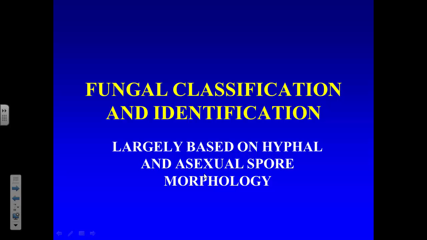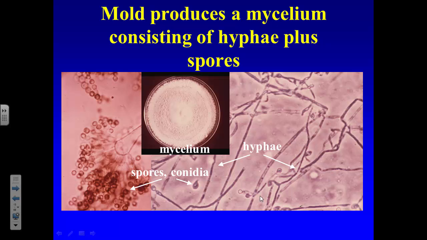In most cases, what you're looking at in an infected tissue is just hyphae, or you might see yeast. In most cases, you won't see the whole fungal life cycle because those are not the right conditions for it. But in general, you'll just see the hyphae.